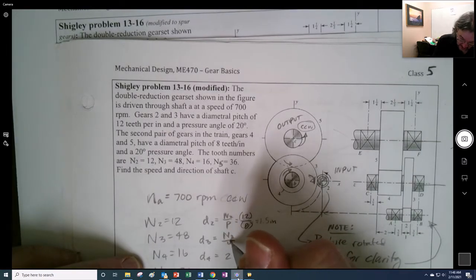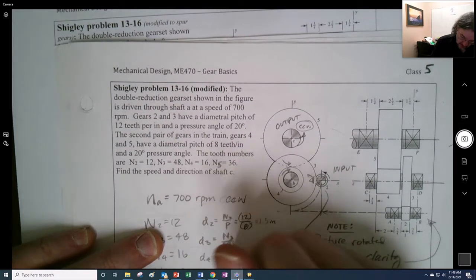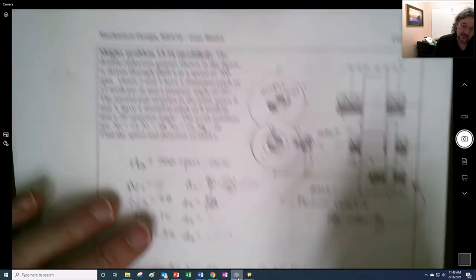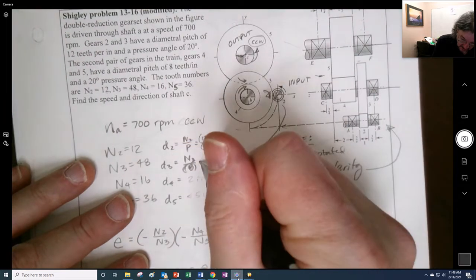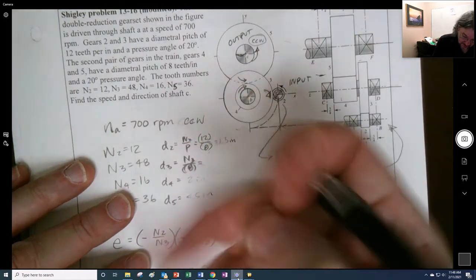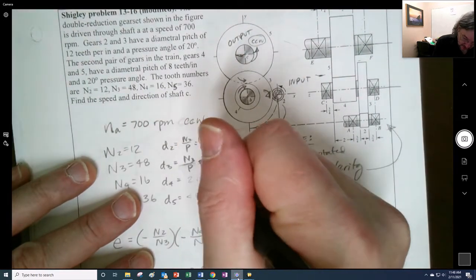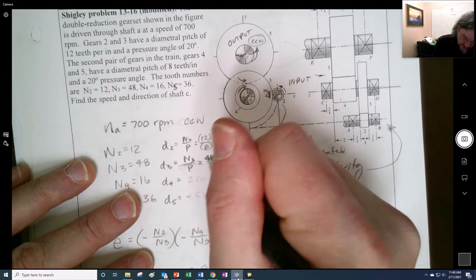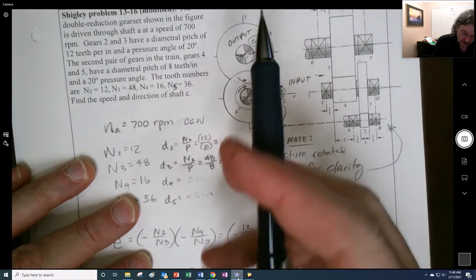N3, 48. Right, so I don't know what I was doing there. And D3, that's 48 divided by 8. So I just said 8.